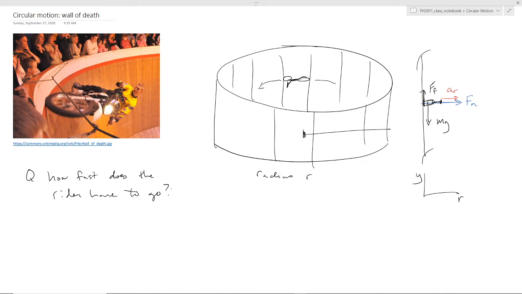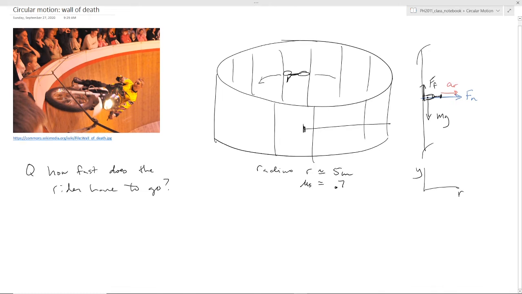So I looked up here. The radius on this thing is about 5 meters. And a reasonable coefficient of static friction for a tire on wood like that is 0.7.